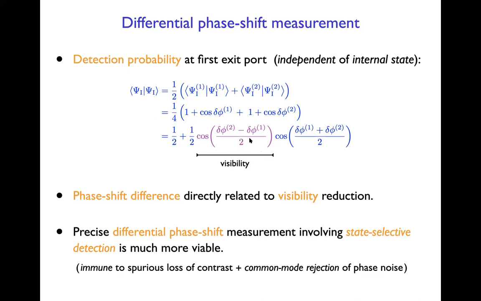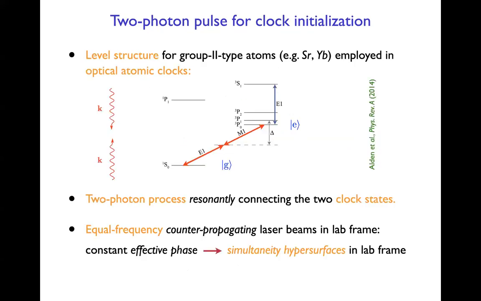So you would have the square of an already small quantity if you look at the visibility. Instead, if you try to measure directly this differential phase shift, that will be small, but not quadratically suppressed. So you see, you have all the advantages by performing this state selective measurement and then looking at the differential phase shift. So that's one of the key elements.